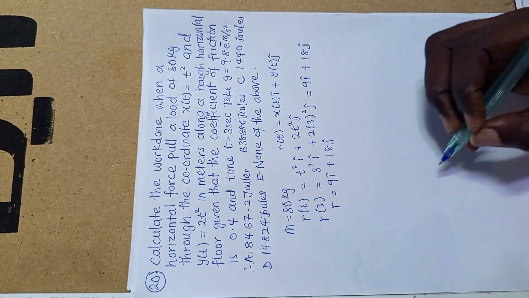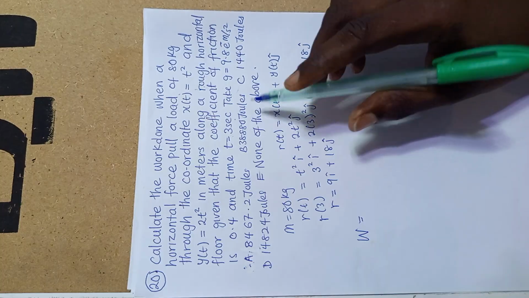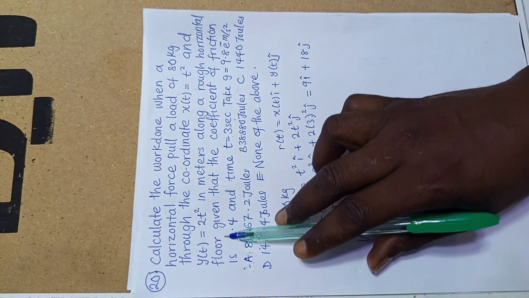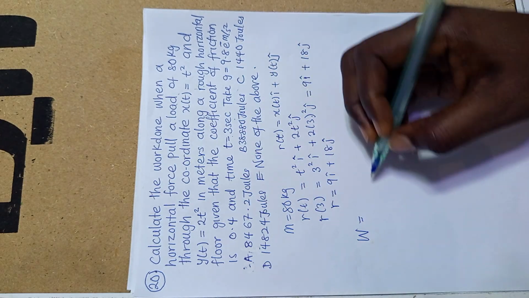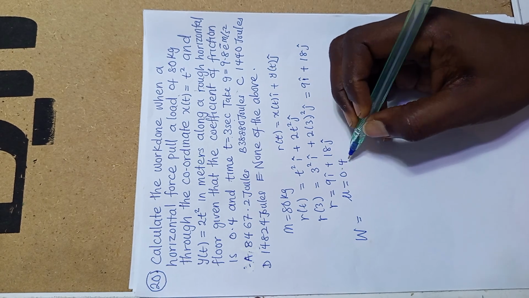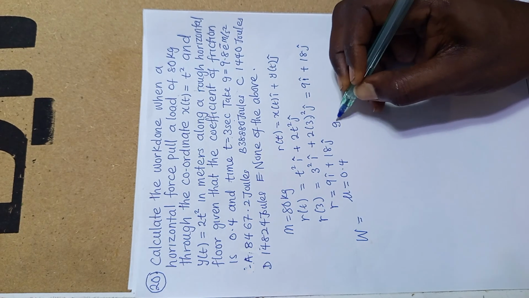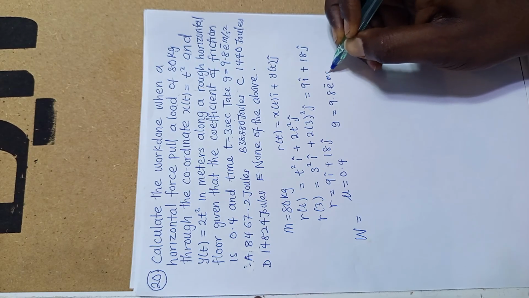Now, we want to calculate our work done here on a rough horizontal floor. Given that the coefficient of friction is 0.4, and time t equal to 3 seconds, take g as 9.8.